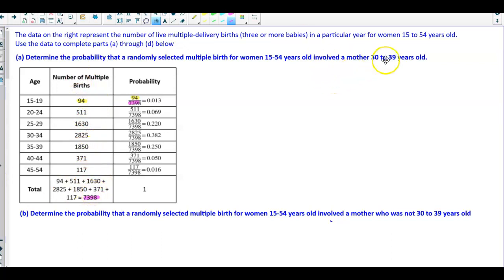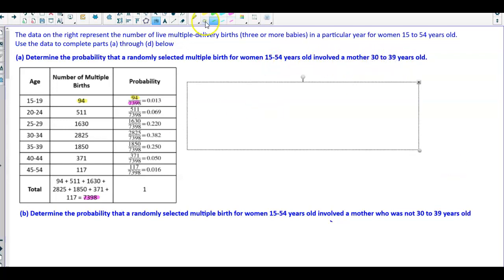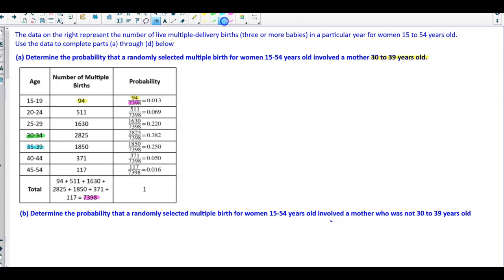Now we can take a look at this question again. We want to find the probability that a randomly selected multiple birth for women 15 to 54 years old involved a mother that is 30 to 39 years old. Between 30 and 39, we see that we have a class of age that is 30 to 34, and then another one from 35 to 39, which together describe 30 to 39 years old.